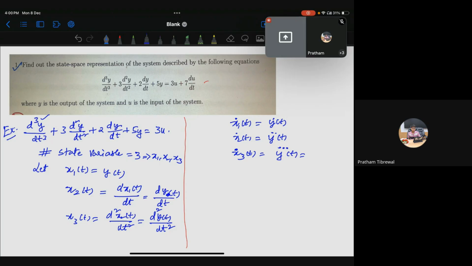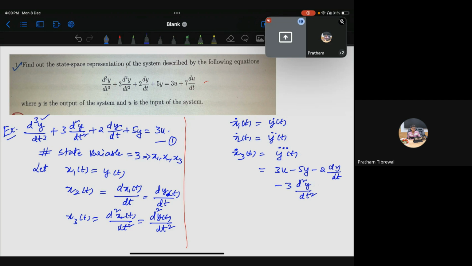Now from the equation, we can write y triple dot as 3u minus 5y minus 2 dy by dt minus 3 d square y by dt square, from equation 1.